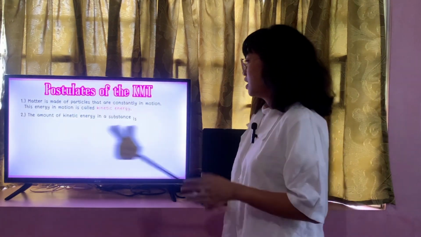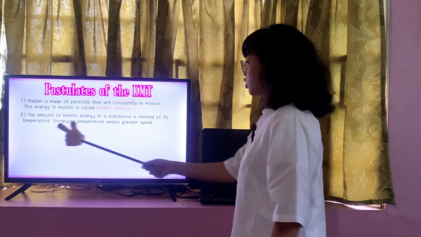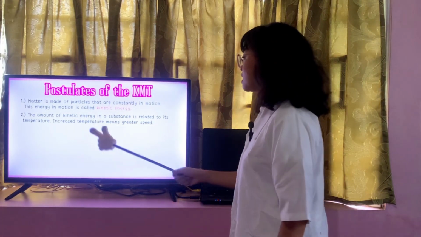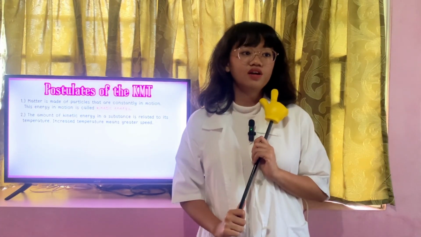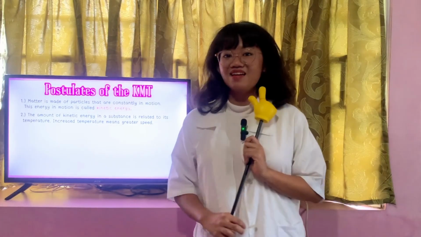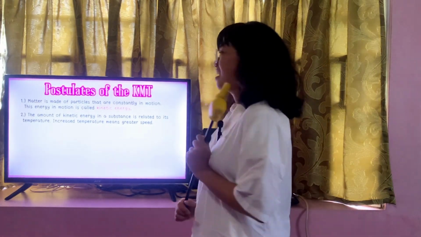Next, the amount of kinetic energy in a substance is related to its temperature, and the relation is directly proportional. Increased temperature means greater speed. So it means the hotter a substance, the greater the speed of the movement of particles, and the higher the kinetic energy.